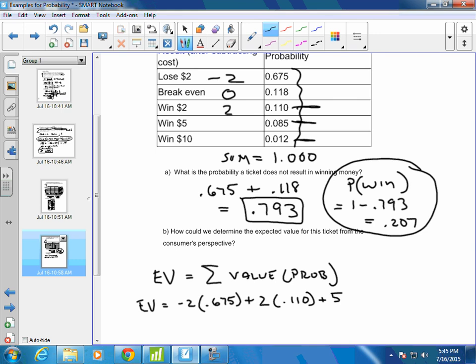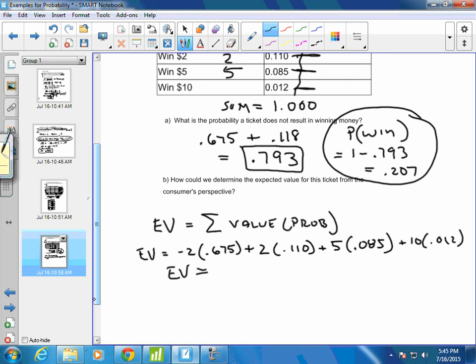Next row says win 5, so that's going to be a value of +5 times 0.085. And then finally we got a value of 10 times a probability of 0.012. So if we punch this all up, that's going to give us our expected value for the ticket.